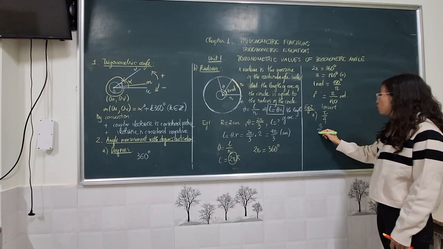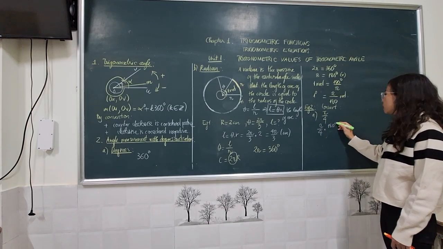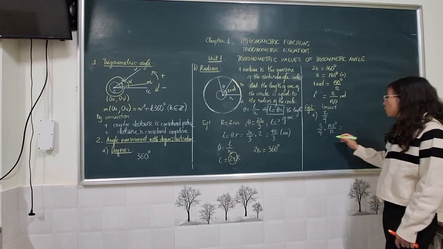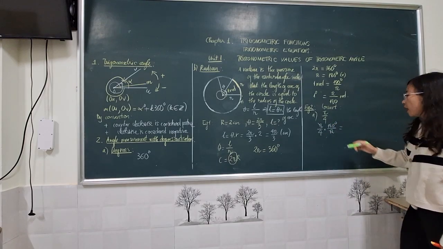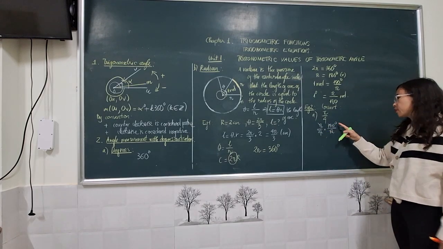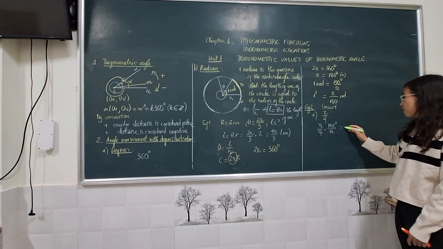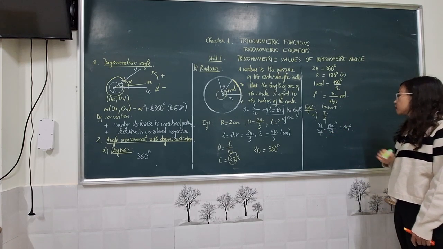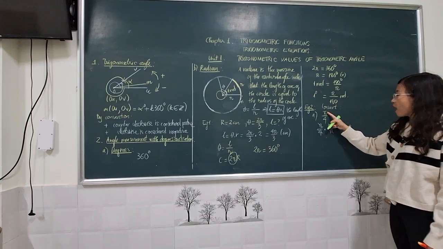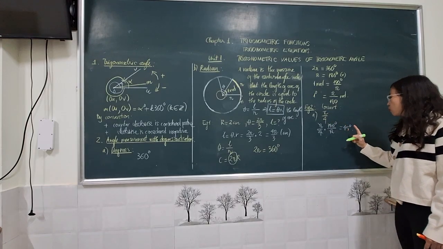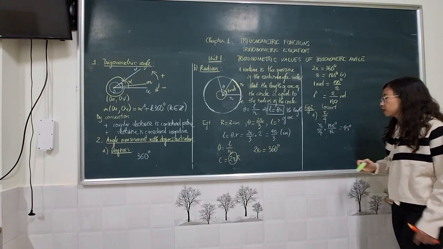We have pi over 4 times 180 degrees over pi. So we can cancel pi here and simplify 180 degrees by 4, and we have 45 degrees. So that means pi over 4 equals 45 degrees.